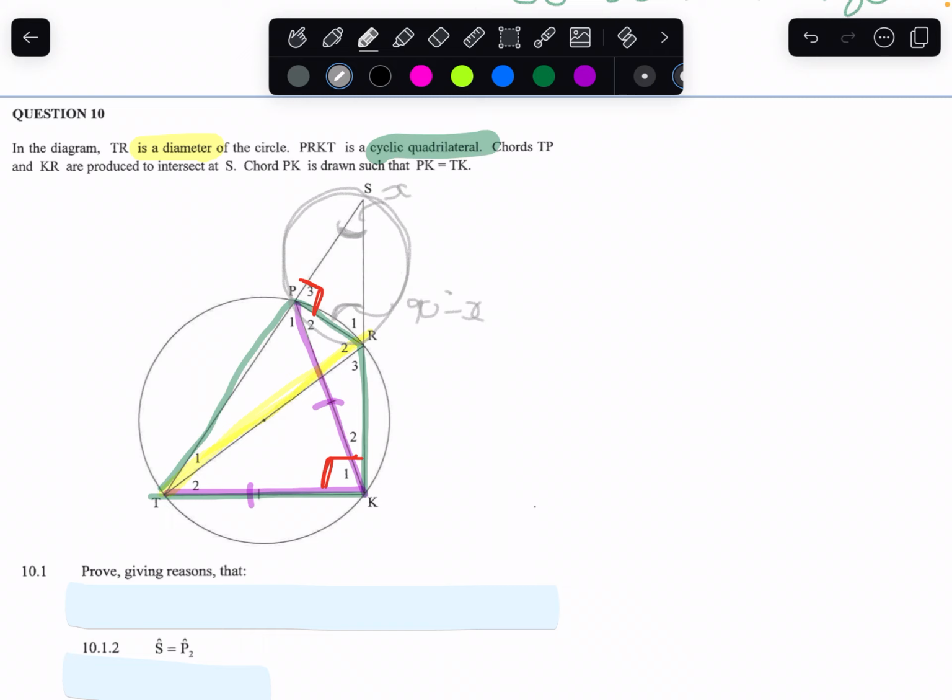And then this is an exterior angle to the cyclic quad, so it will be equal to this guy, 90 minus X. And then we would know that this is also 90 minus X because isosceles triangle.